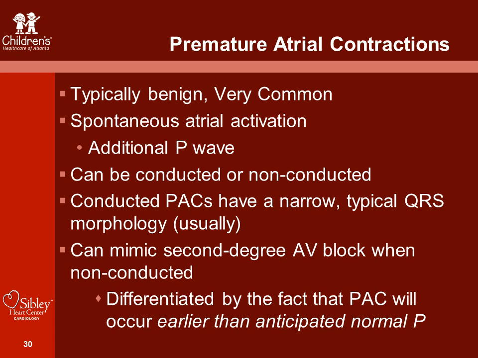However, the way to tell the difference on an EKG is if you get a rhythm strip and march out the P waves and look at the interval between each P wave, the PAC will occur earlier than what you normally would anticipate. Whereas in second-degree block, that atrial interval or P wave interval remains constant.